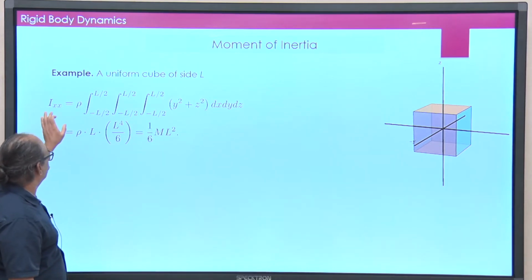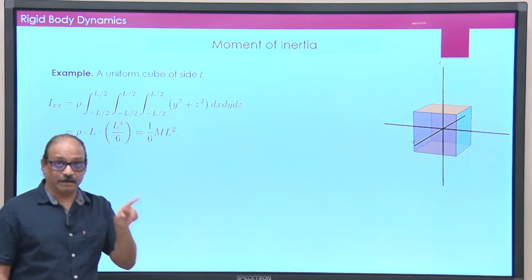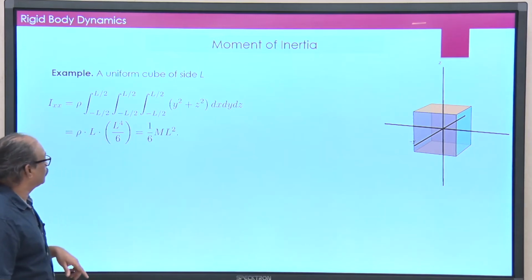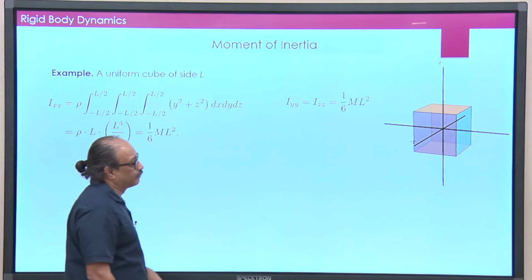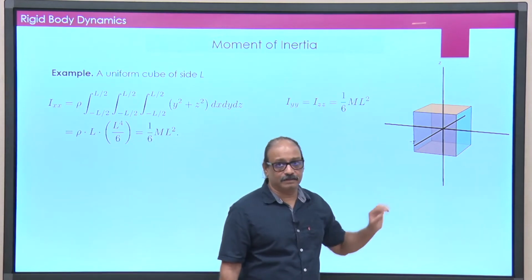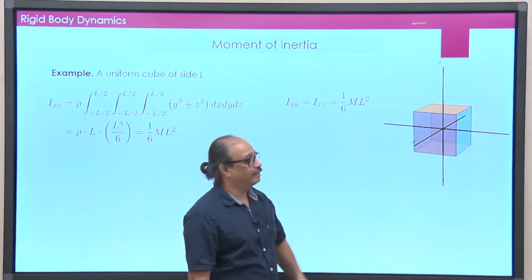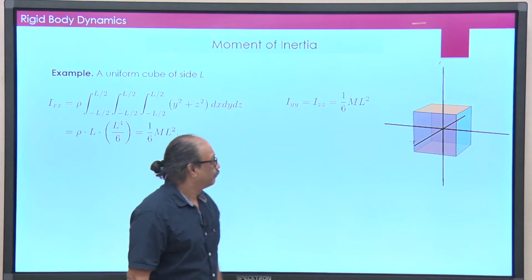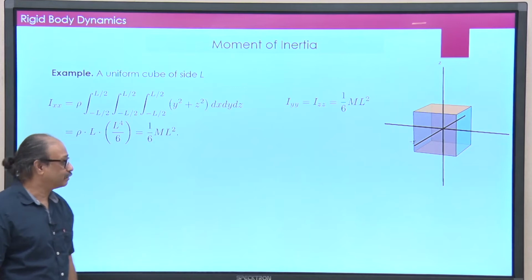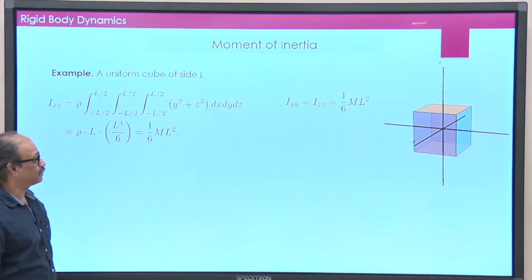Okay, and this is only the first number in that matrix, but if you look at the diagram from symmetry, it is immediately clear what must be I_yy and I_zz. That must be 1 over 6 ML square each, okay, same as I_xx.